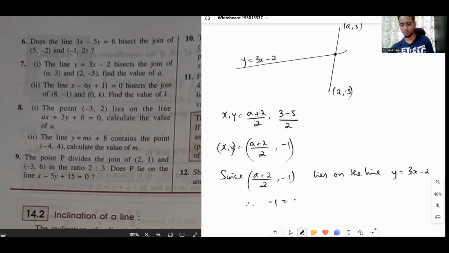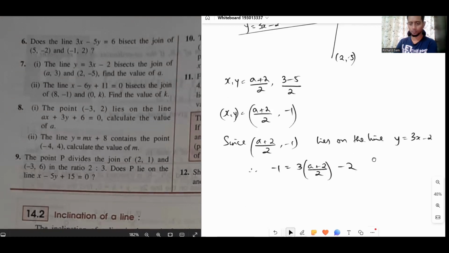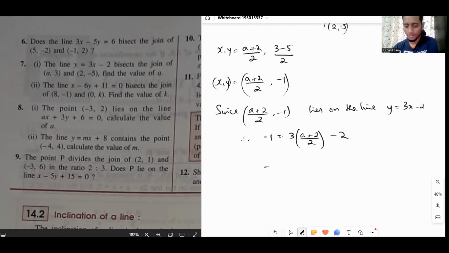Minus 1 is equal to 3 into x, x is (a plus 2) upon 2, minus 2. So minus 1 is, how do you solve this? 3 into a, 3 into 2. So 3a plus 6 upon 2 minus 2.